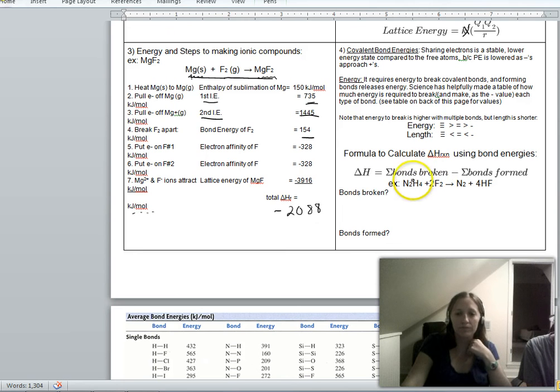So here we go. The delta H is the sum of all the broken bonds minus the sum of all the bonds that you've formed. The bonds that we broke: N2H4 looks like this.